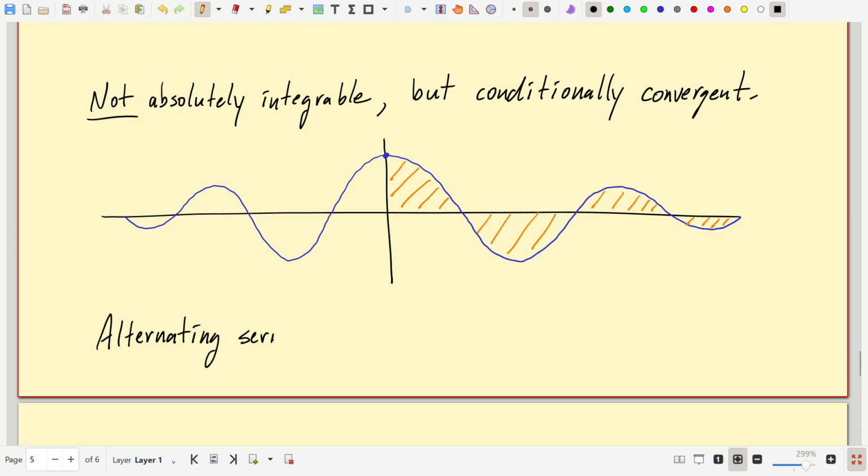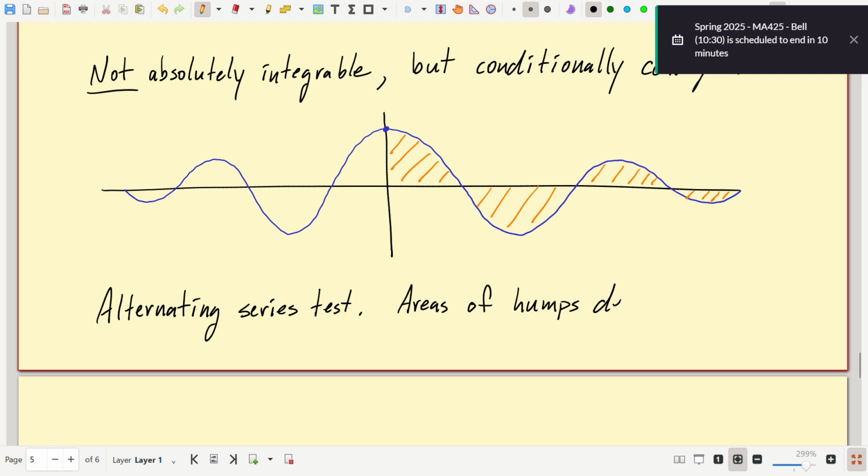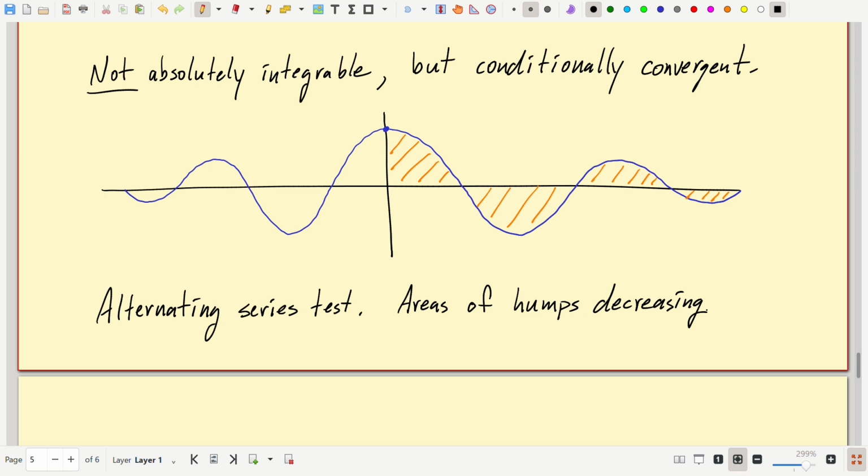The alternating series test that you learn in freshman calculus: the areas of the humps are decreasing. Some of the humps are above the axis and some are below. The areas decrease to zero, and they're alternating. So of course they're going to add up with alternating sign.